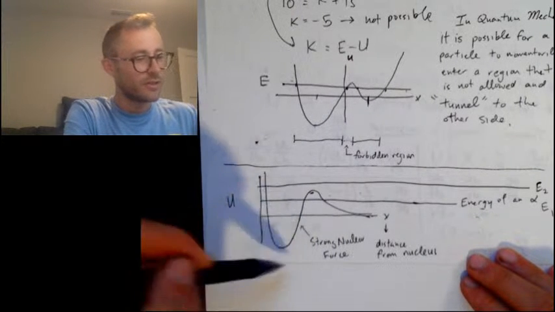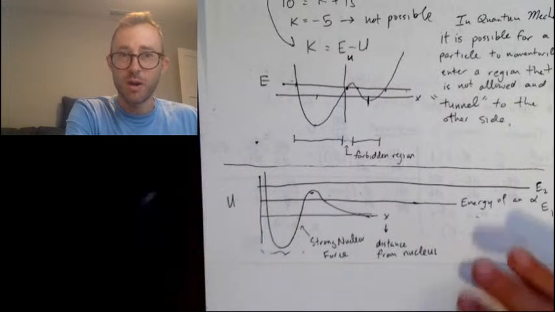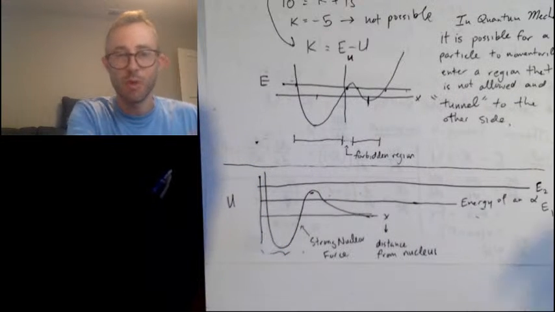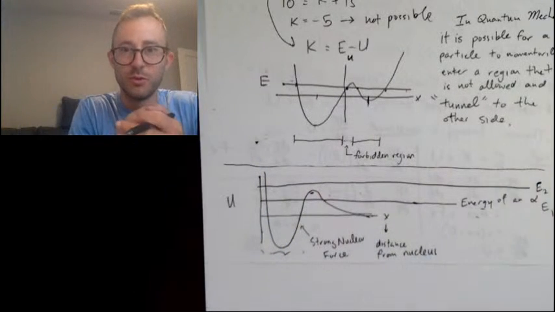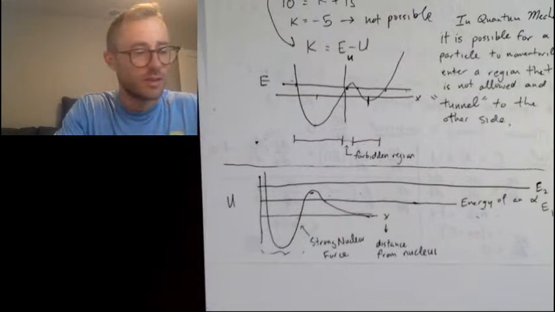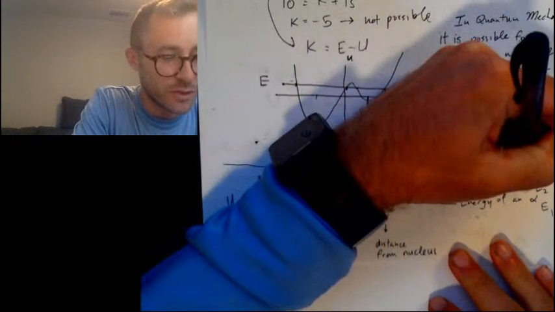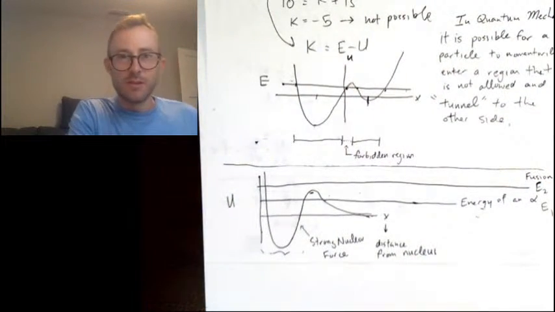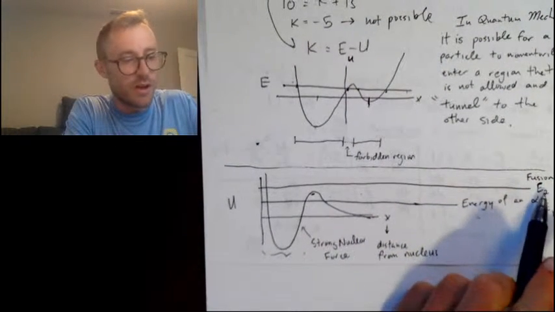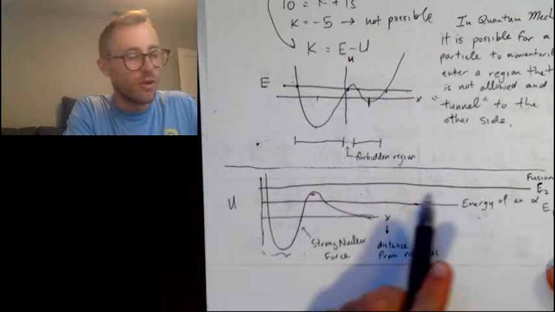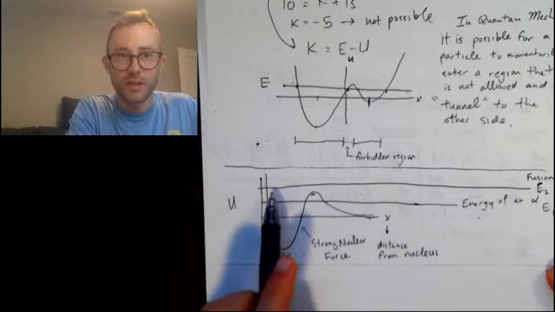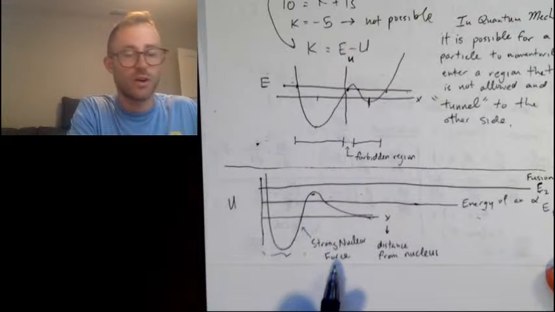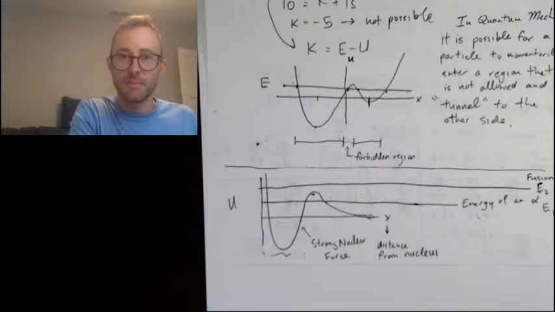If it's in this region right here, there's a probability that the alpha particle won't come back out. It'll actually fuse to the nucleus. So this is how fusion occurs. Notice how you need to give the alpha particle enough energy to overcome electrical repulsion and get in close so that the strong nuclear force can pull it in.